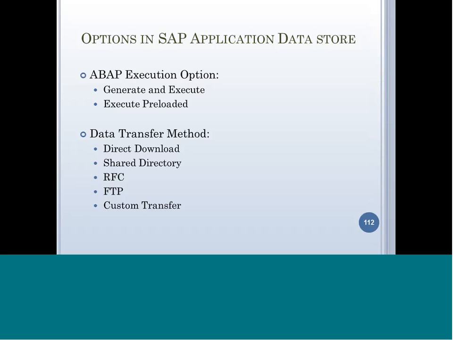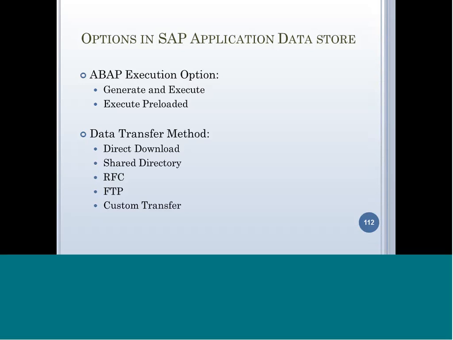Similarly, we have something called the data transfer method. That is fine that you are trying to communicate with an SAP ECC system from BODS, but how does SAP have to send the information? What is the information that you are expecting from the SAP ECC system? The data. How does the data have to be sent to BODS?